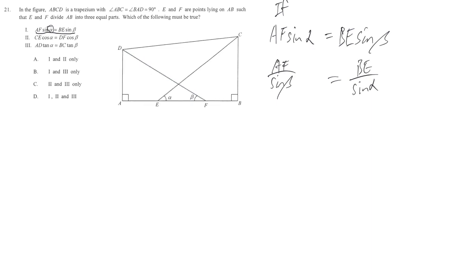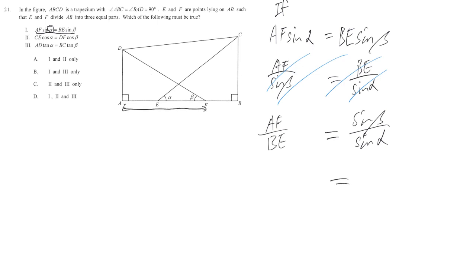If we can't compare beta together with AF, then maybe we use another approach. We compare AF with BE. And don't forget that AF is 2 units and BE is 2 units. So basically they are the same. So this is 1.